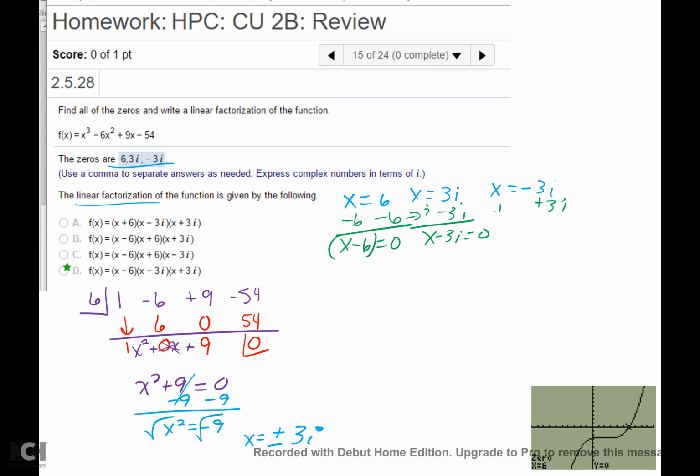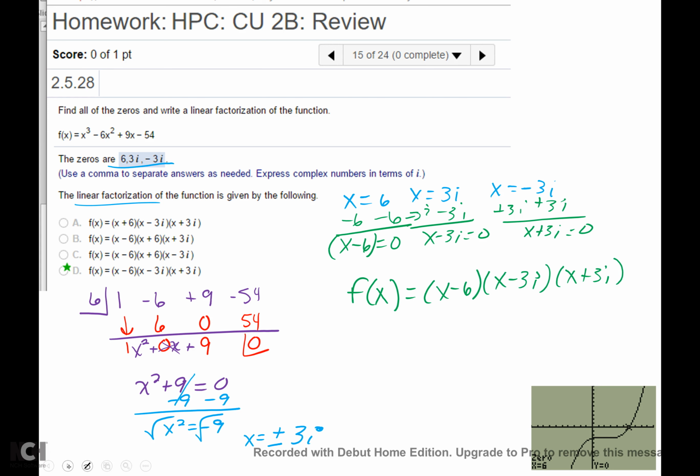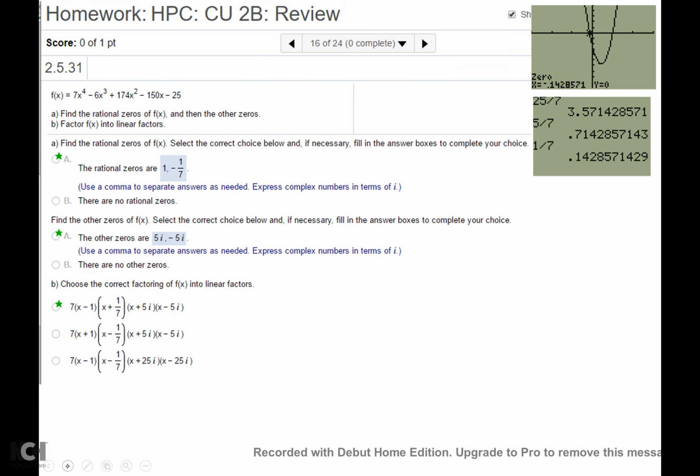Add 3i, I get x plus 3i equals 0. And I can get a function, or in factored form, by multiplying those factors together. So x minus 6 times x minus 3i times x plus 3i. Okay? And there we go.